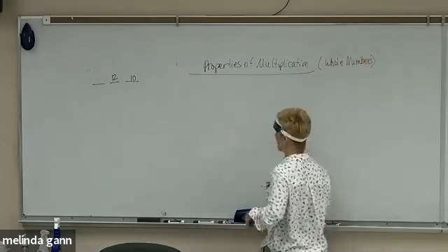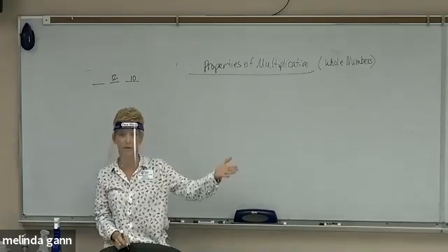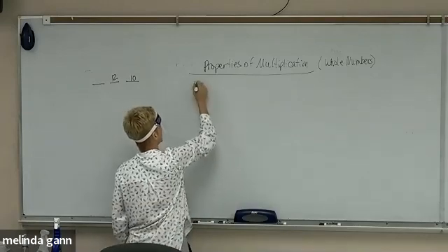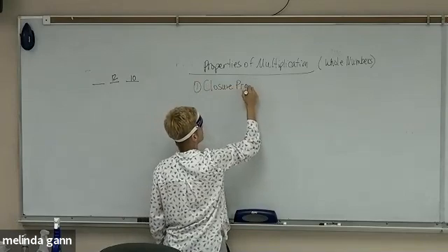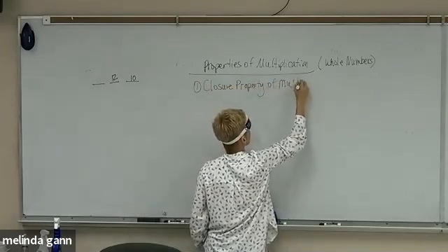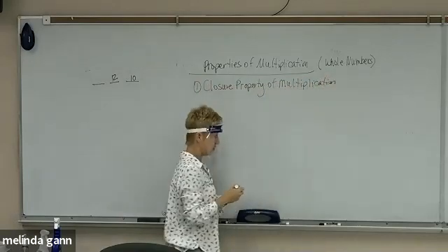They're not talking about decimals and fractions and negative numbers, but all these properties are going to work with those numbers when we get there. There is a closure property of multiplication.